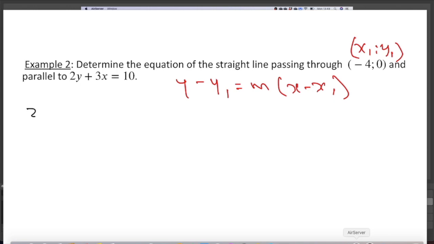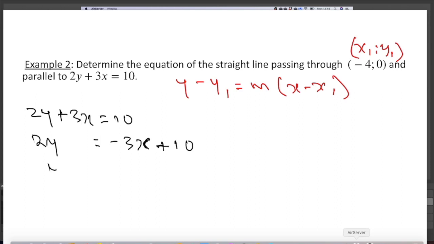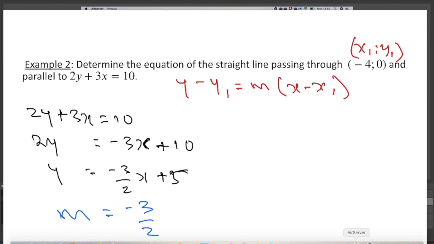So 2y plus 3x is equal to 10. We need to work out the gradient of that line. So the best thing is to rearrange the equation so that you work out the coefficient of x. So if you divide both sides by 2, you'll get y equals minus 3 over 2x plus 5. Okay, so this means the gradient of this line is minus 3 over 2. So m is minus 3 over 2.